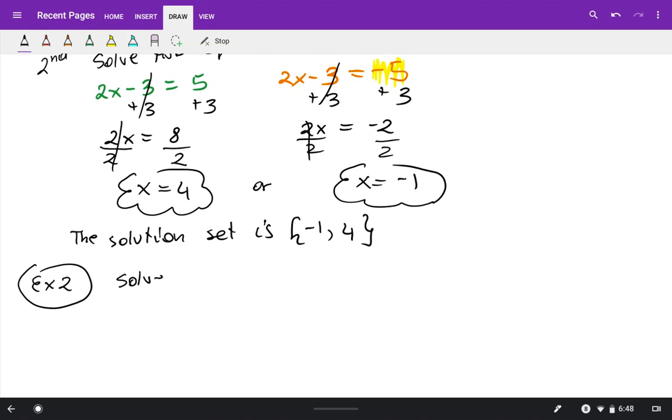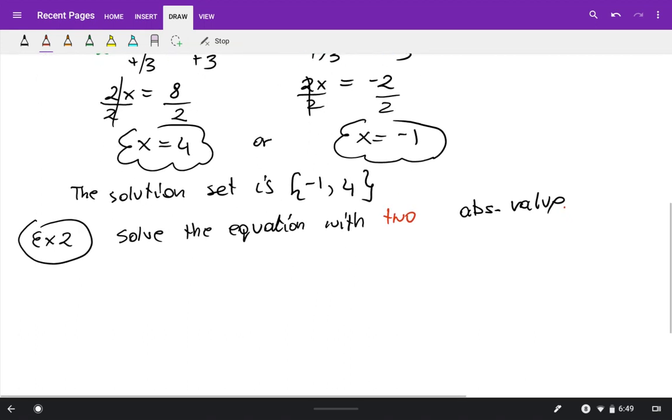Solve the equation with two absolute values. So this is how you're going to solve it. Let me give you the example.